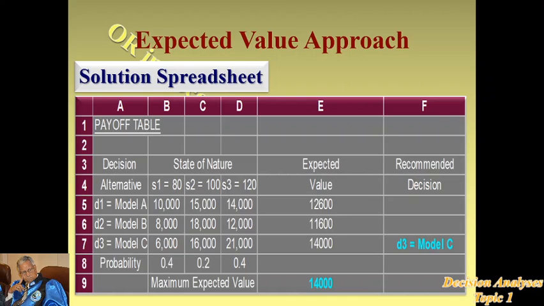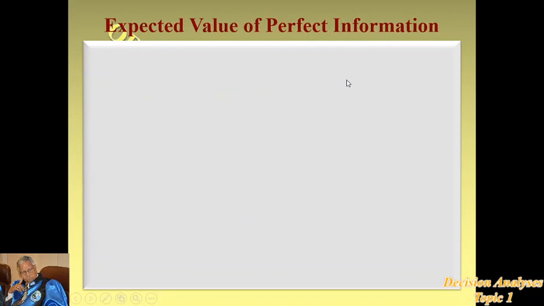Under this approach, we can calculate what we can call the value of perfect information, or the expected value of perfect information. Under this approach, we have probabilities.